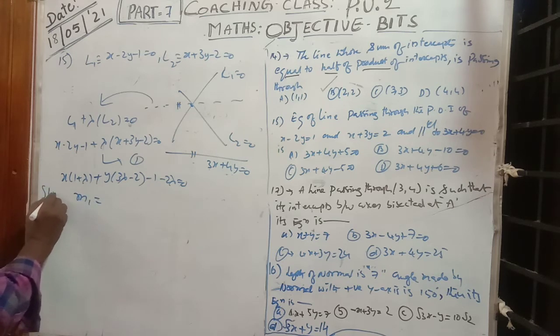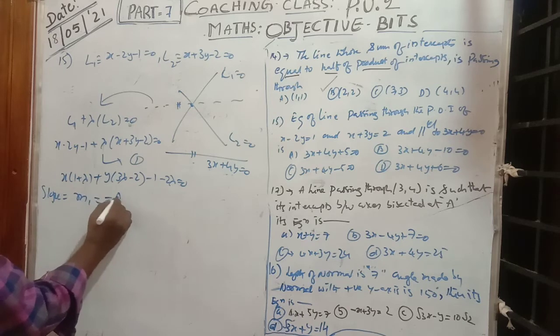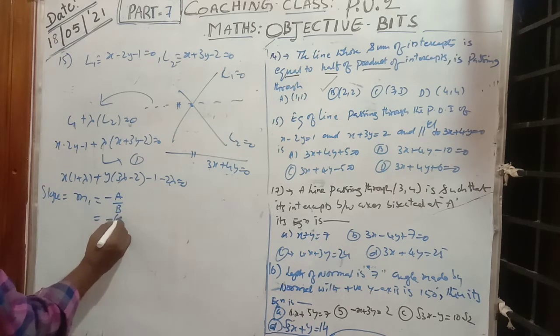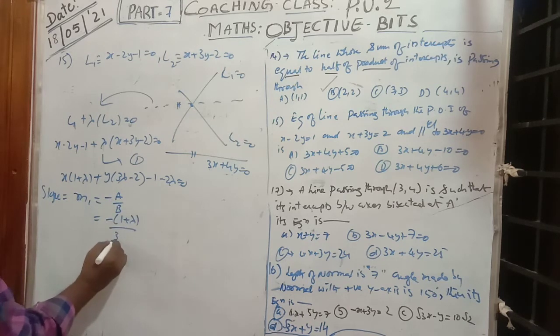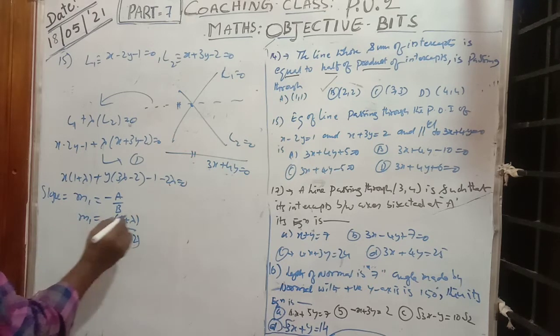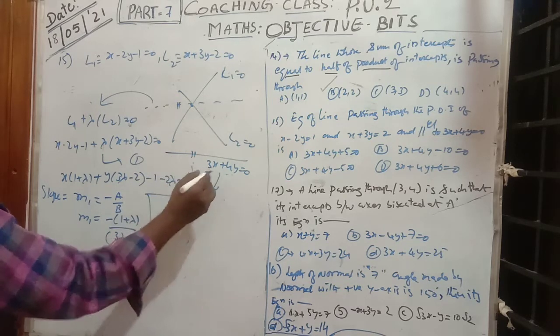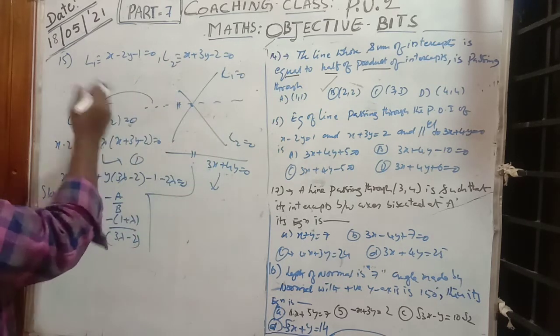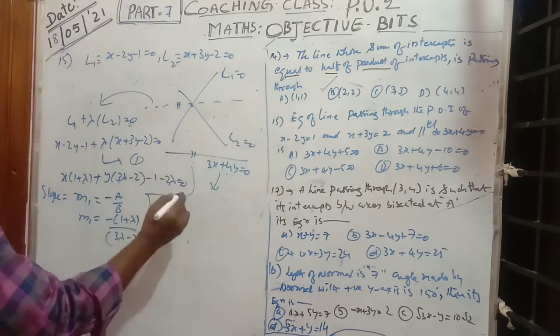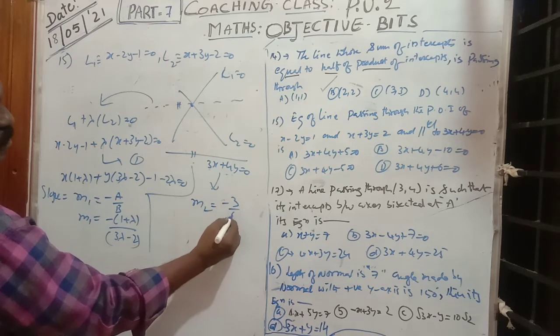Slope m1. Here the slope of the above line is minus a by b, that is minus of 1 plus lambda by 3 lambda minus 2. This is m1. And what is the slope of the parallel line? The required line is parallel to the given line, so m2 is equal to minus 3 by 4.